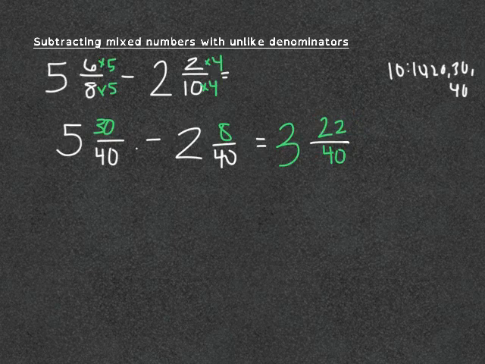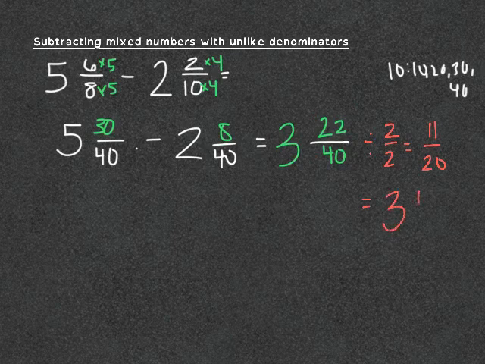I can automatically divide by 2 because I know that they're both even. 22 divided by 2 is 11 and 40 divided by 2 is 20. I know that they don't share any other factors because 11 only has 2 factors, 1 and 11, and 20 only shares 1. So my final answer is 3 and 11/20.